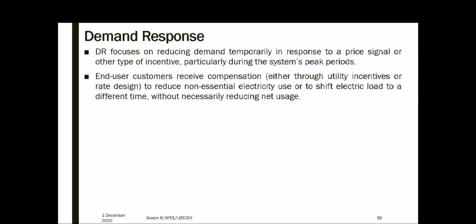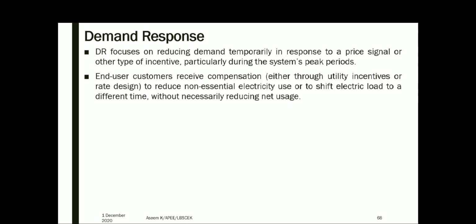So in this session we are going to discuss a few concepts regarding demand response. Demand response focuses on reducing demand temporarily in response to a price signal or other type of incentives, particularly during the system's peak period. So it is somewhat similar to demand side management.